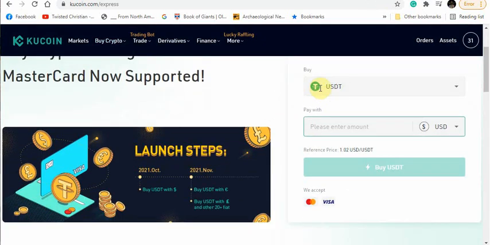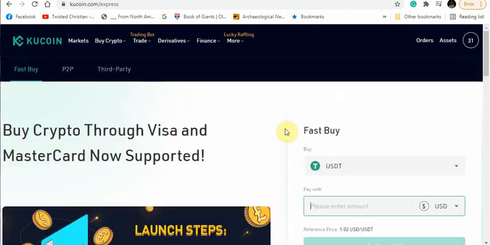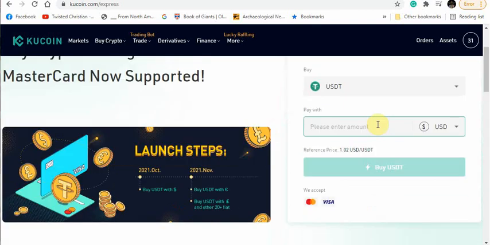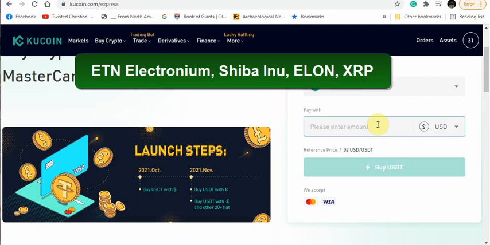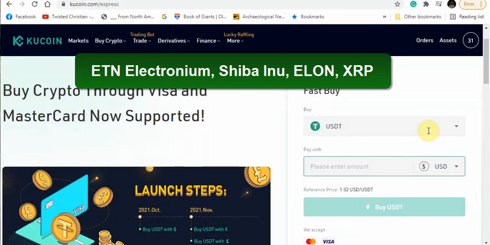The first one that I'm going to talk about really quick is Kucoin. You can buy USDT with a MasterCard or Visa. You can just enter the amount if you want to spend $300. With Kucoin, of the coins that we have been talking about, ETN is only available on Kucoin. That is one of the prophetic cryptocurrencies. Then also another cryptocurrency that I will start discussing, only because I did see somebody prophesying about it, is the ELON coin.